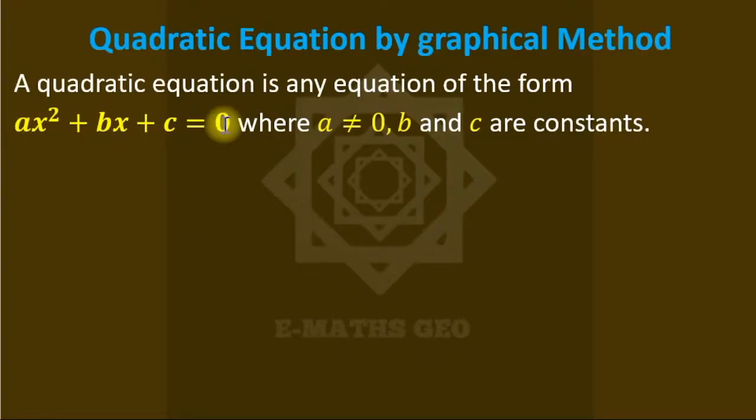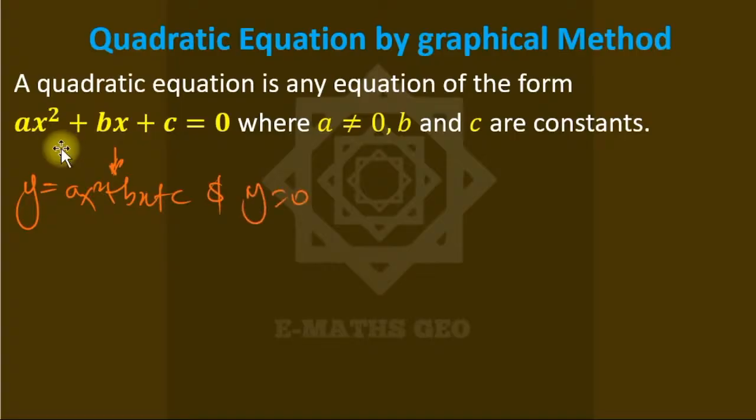So we use, from the knowledge of what we saw, y equal to ax squared plus bx plus c, and y equal to 0. You could remember this is a quadratic function, which is y. Here y is 0. That's it.